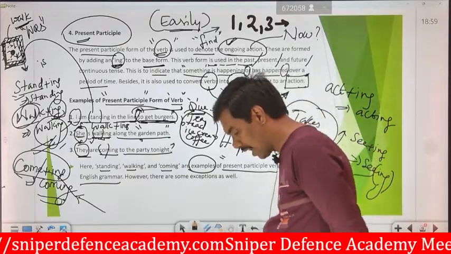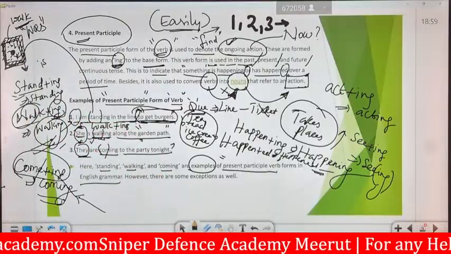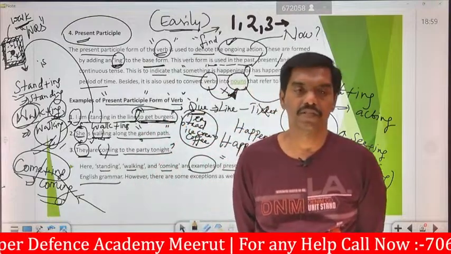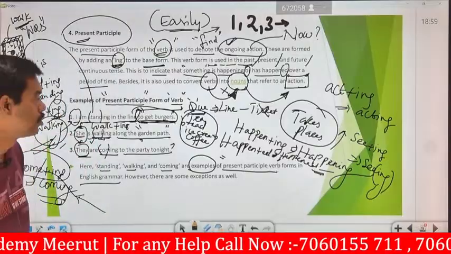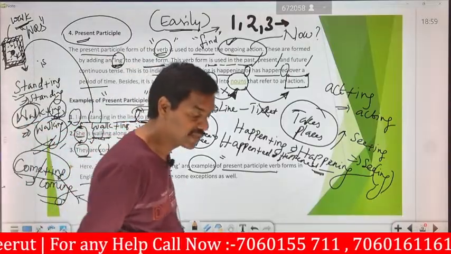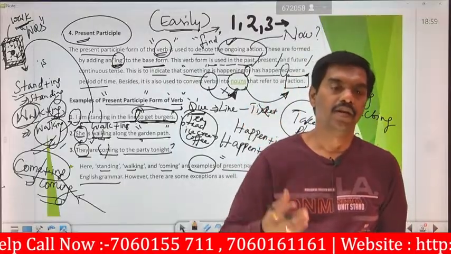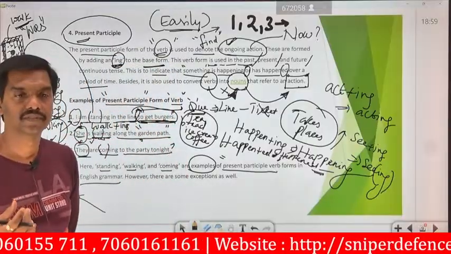Some examples: I am standing in the line. You can also read along with me. I am standing in the line to get coffee. I am standing in the line to get ice cream. I am standing in the line to get a bus ticket.